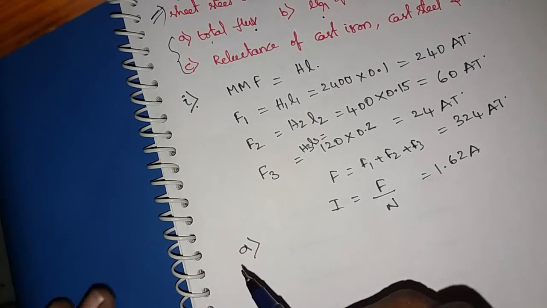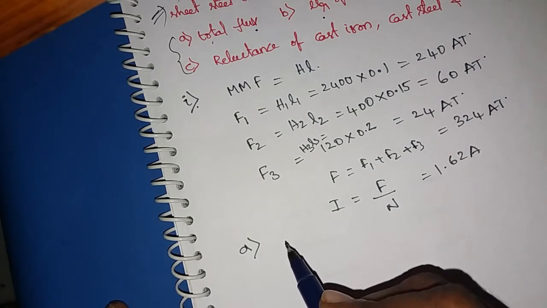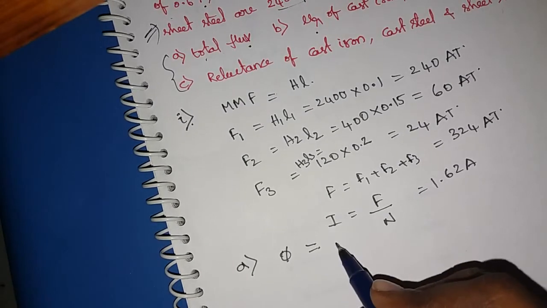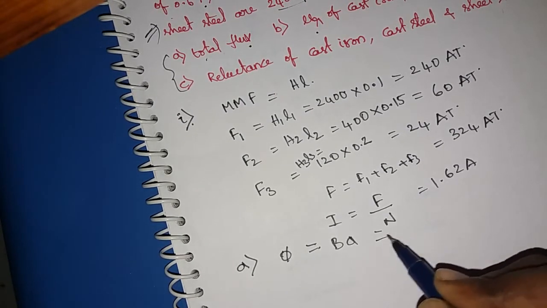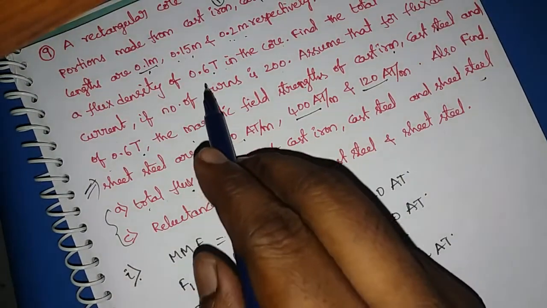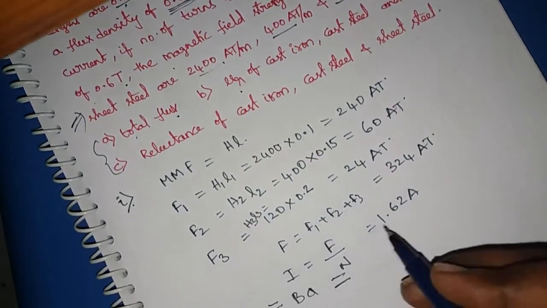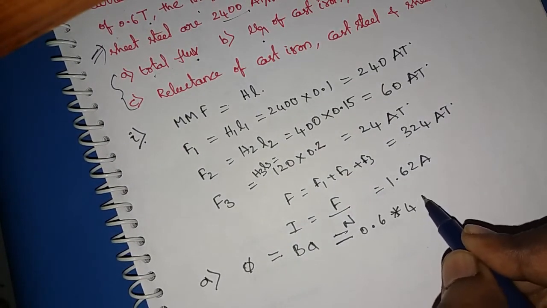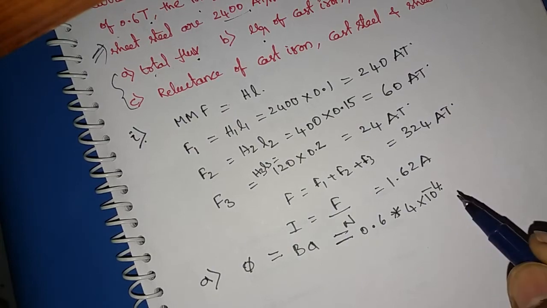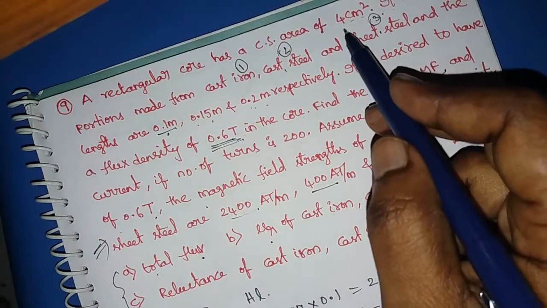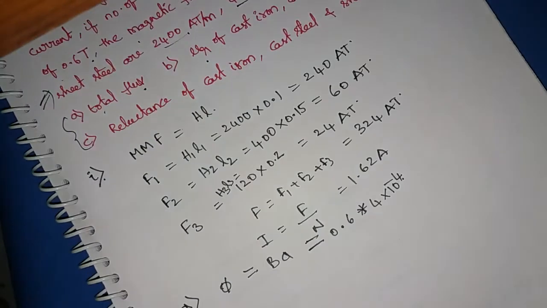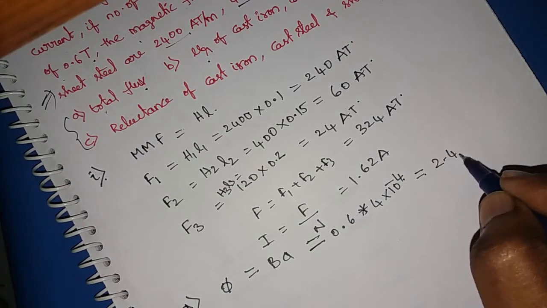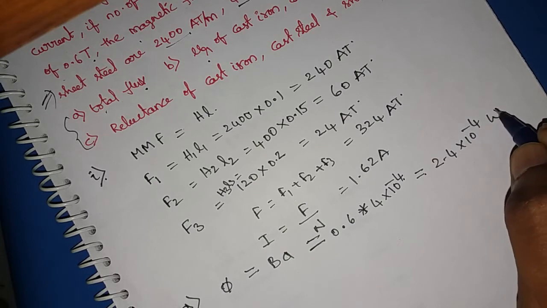Flux phi is equal to B into A. He has given the value of B, 0.6 Tesla, and A is 4 into 10 power minus 4, that is 4 centimeters square, given in the first line itself. So if you calculate, the total flux is 2.4 into 10 power minus 4 Webers.